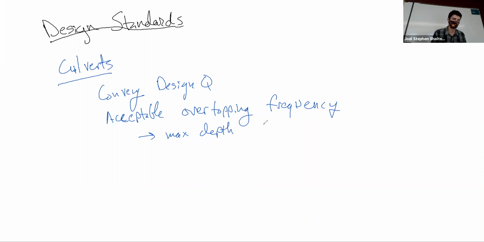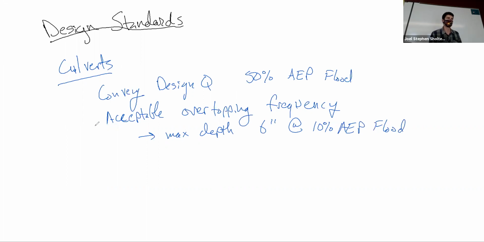So say the culvert needs to convey the 50% AEP flood, and it can overtop with 6 inches of water at the 10% AEP flood. And I don't know if this is the exact number, but this kind of design standard came out of the City of Grand Junction Stormwater Manual.